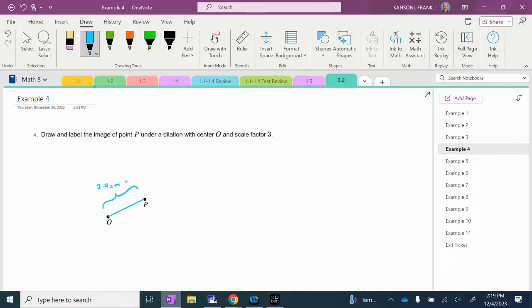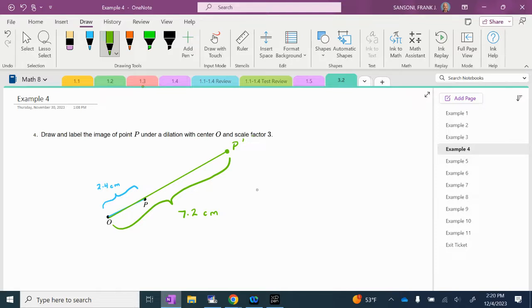So if I want a scale factor of 3, then what is the distance from O to get P prime? What's 2.4 times 3? 7.2, yeah, 7.2. So let's go from here. And so from here to here must be 7.2 centimeters, and that's where P prime is going to be located because we tripled 2.4.